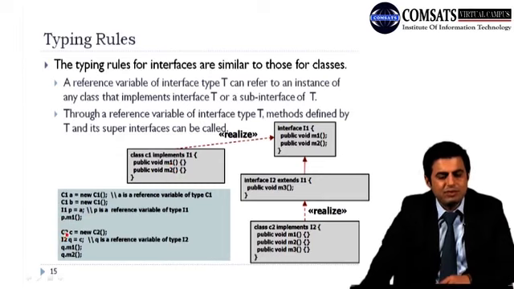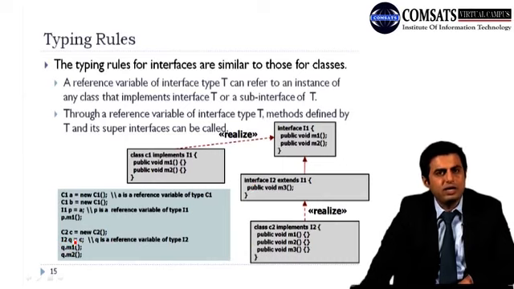In the second example, you have C2 c. Now we are going to make an object of C2 type, and you are making a variable q of data type I2.